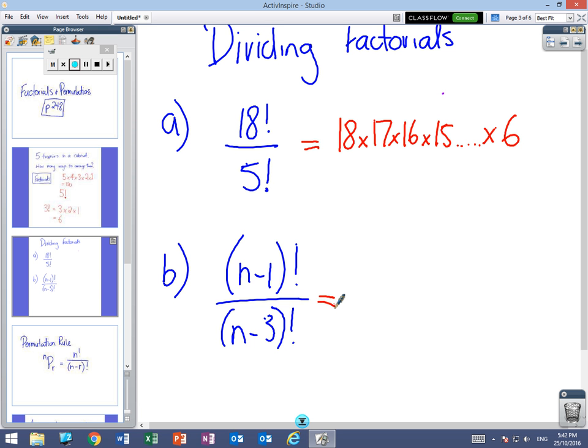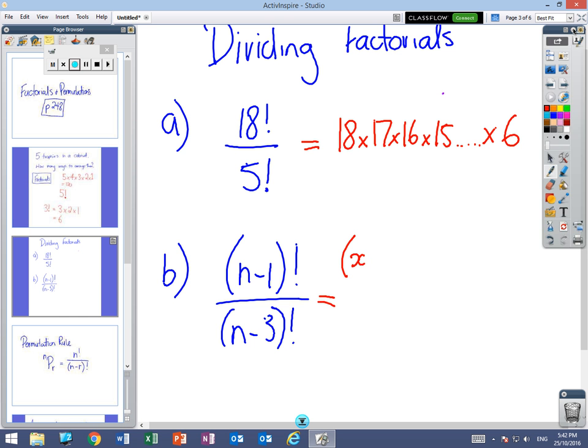What we know, if I keep this in fraction form, is that it's n, not x. n minus 1 would be our starting point, in the same way up here that 18 is our starting point. What would be the next number though?